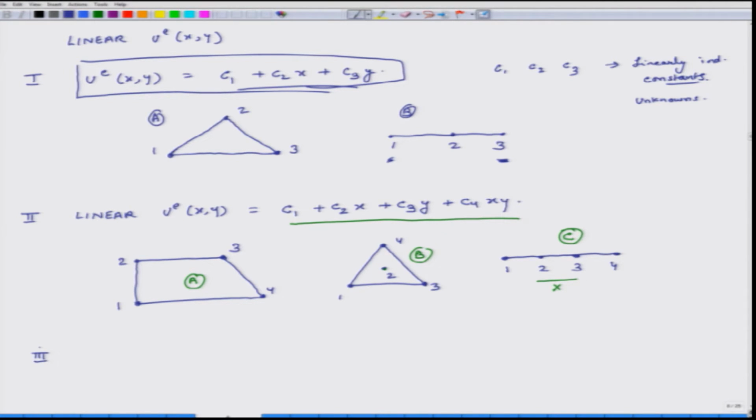Third case, we consider a quadratic polynomial.